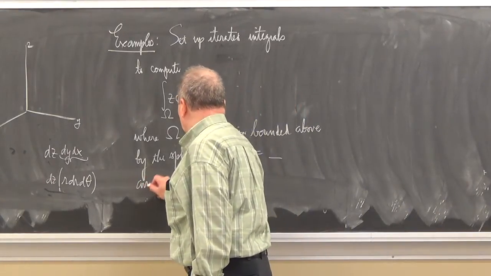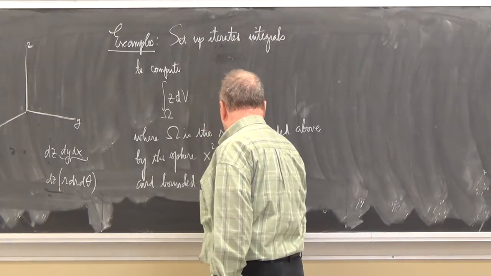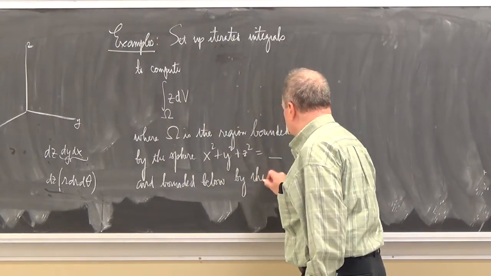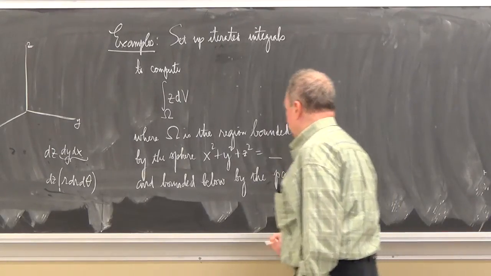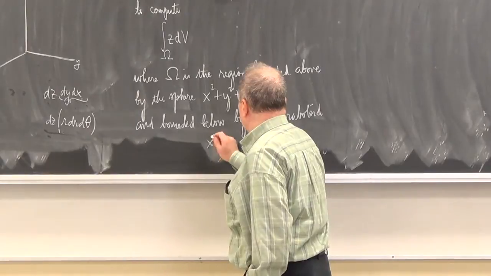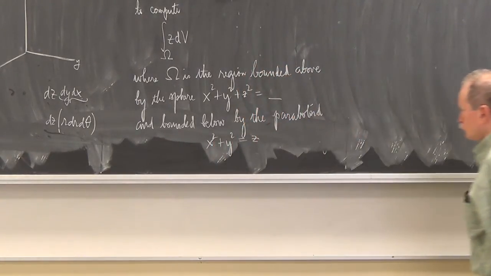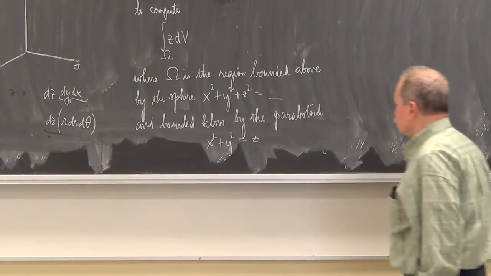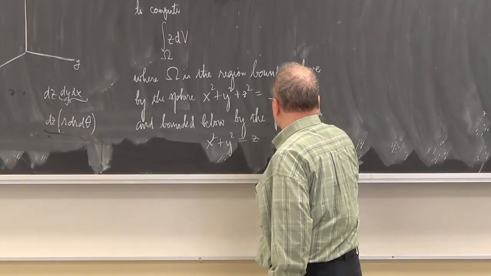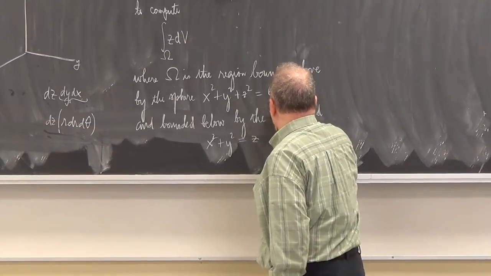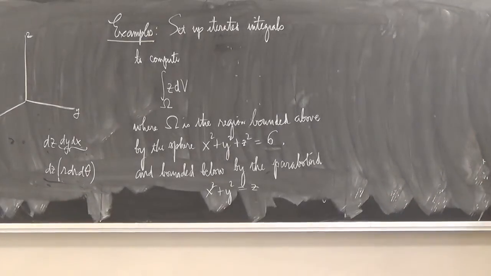And bounded below by the paraboloid x squared plus y squared equals z. So I'm going to make the sphere have a strange radius, square root of 6. We'll see how it comes out.